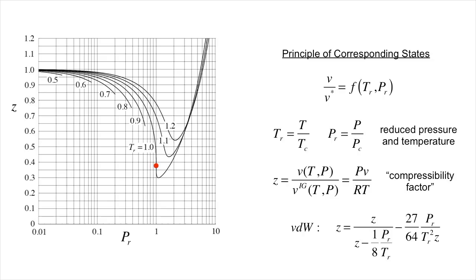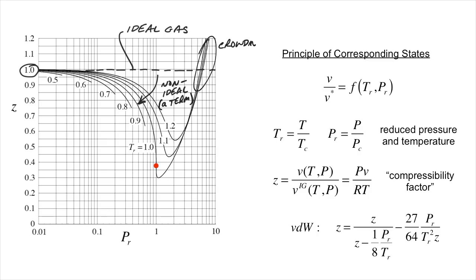Note that at low pressure, Z, which is PV over RT, approaches 1, corresponding to ideal gas behavior. As the pressure is increased, Z becomes less than 1, indicating suppression of volume relative to ideal due to intermolecular attraction. Finally, at very high pressure, Z becomes greater than 1, indicating the inability of volume to decrease with pressure due to the crowding of the molecules.